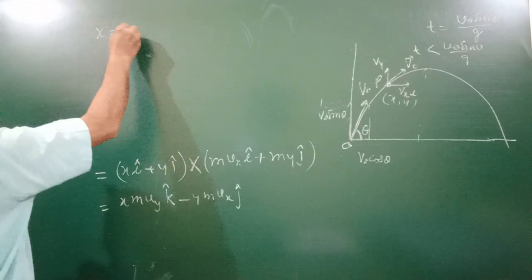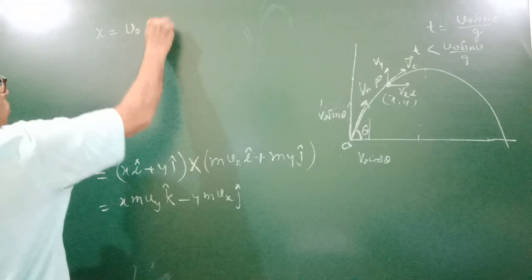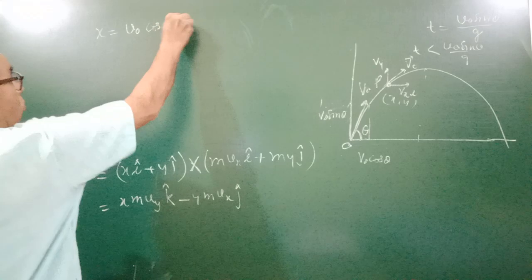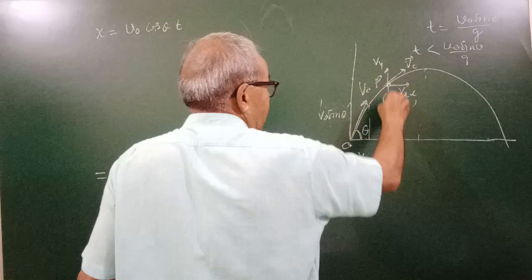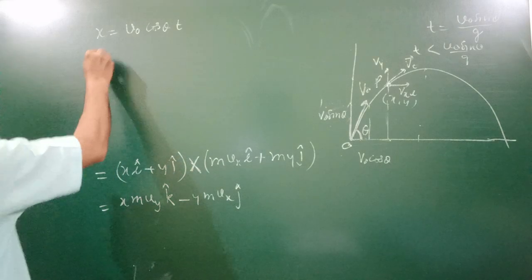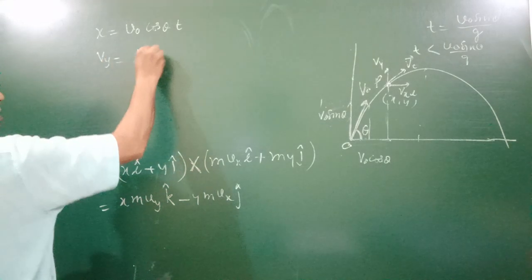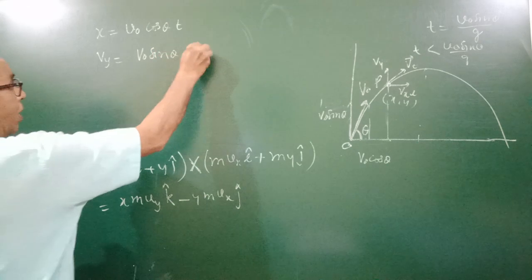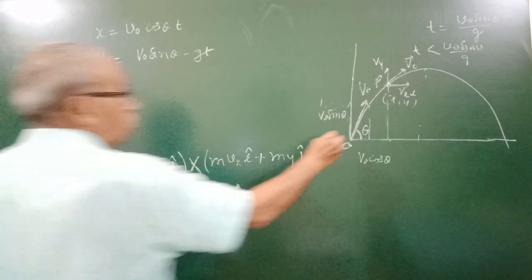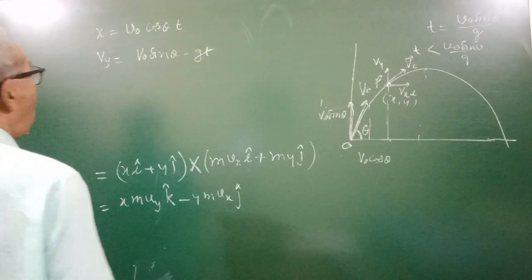x will be equal to v0 cos theta into t. Now x is the distance, and this is y. And what is vy? vy equals v0 sin theta minus gt, because the initial vertical component was this and it is under gravity.